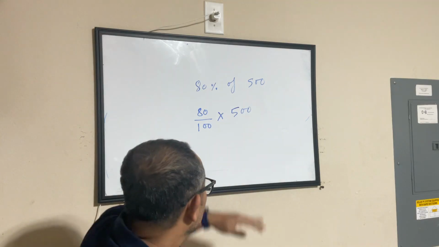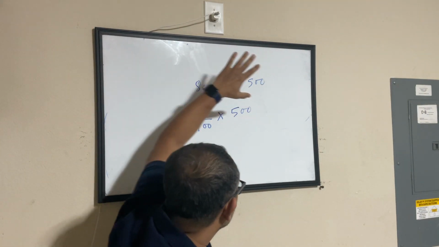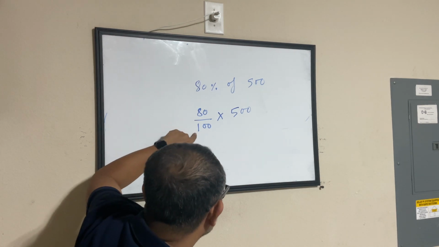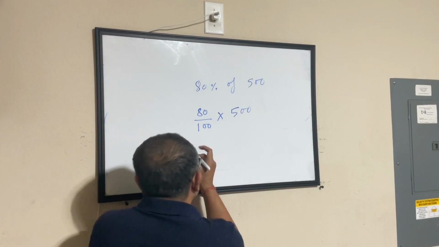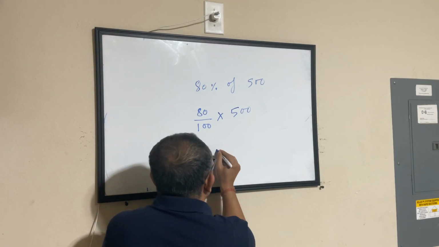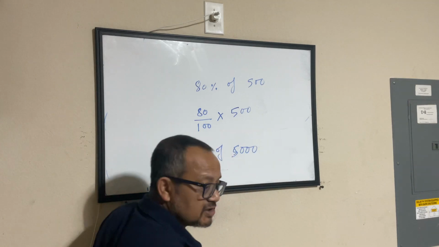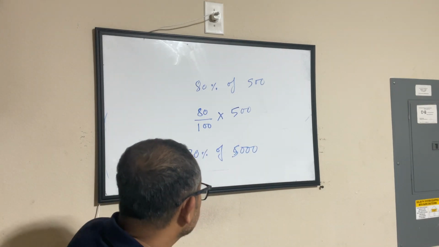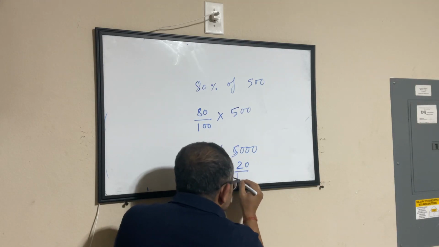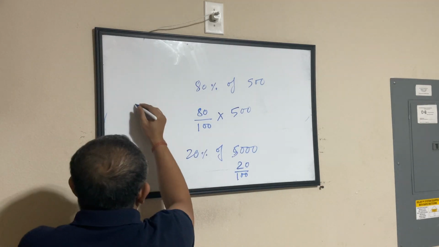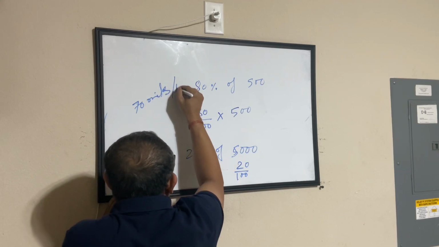So, look at the English part of it. I said 80% of something. 80% of this number. If somebody says find out 20% of 5,000, what does it mean? Again, same thing, English, this is not math here. 20%. Like you say, 70 miles per hour.